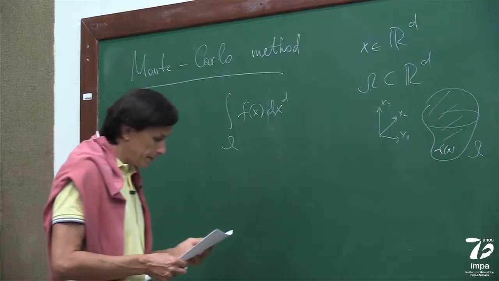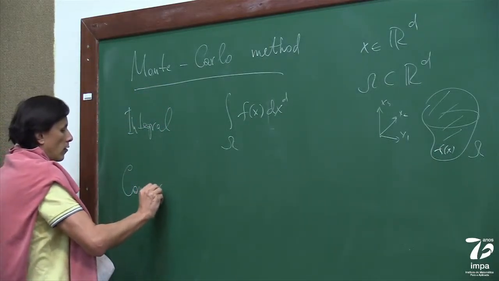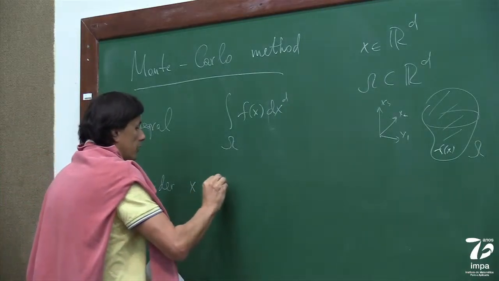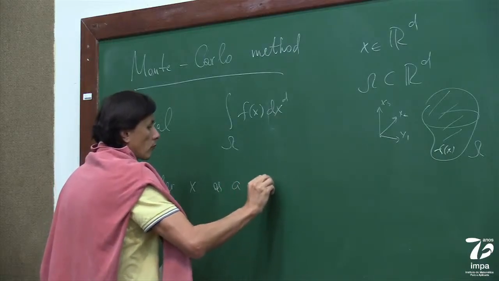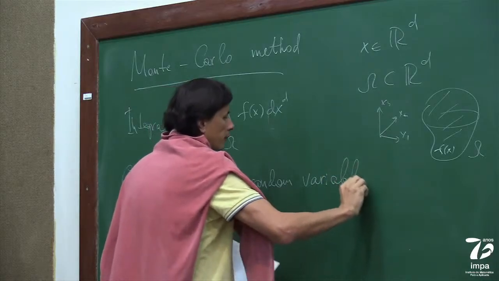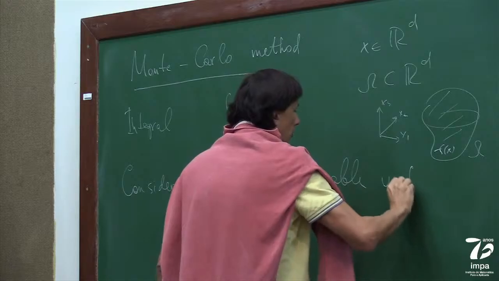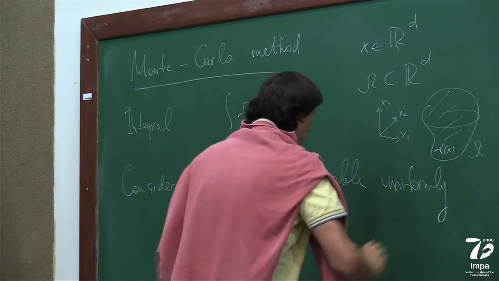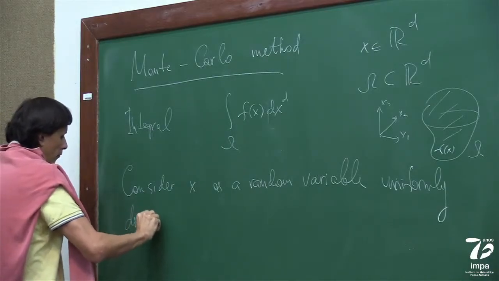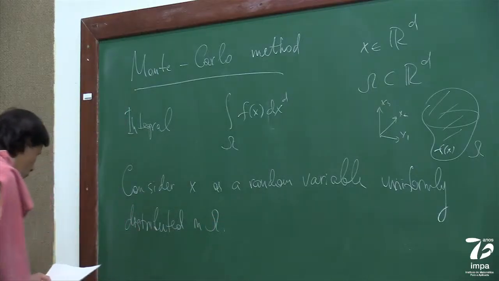Okay, so how do you do it? Now consider x as a random variable, uniformly distributed in omega.